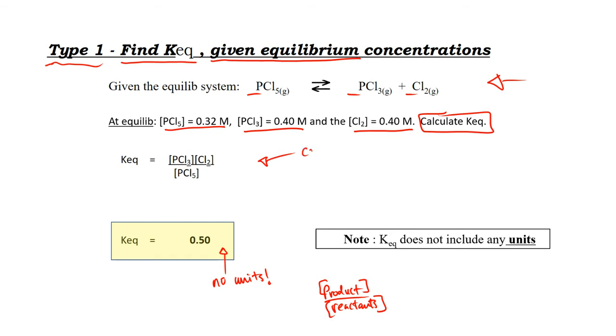If you did, be careful to include those coefficients as square, cubed, etc. I'll just say if needed. We don't have any in this one as my coefficients are 1, okay?